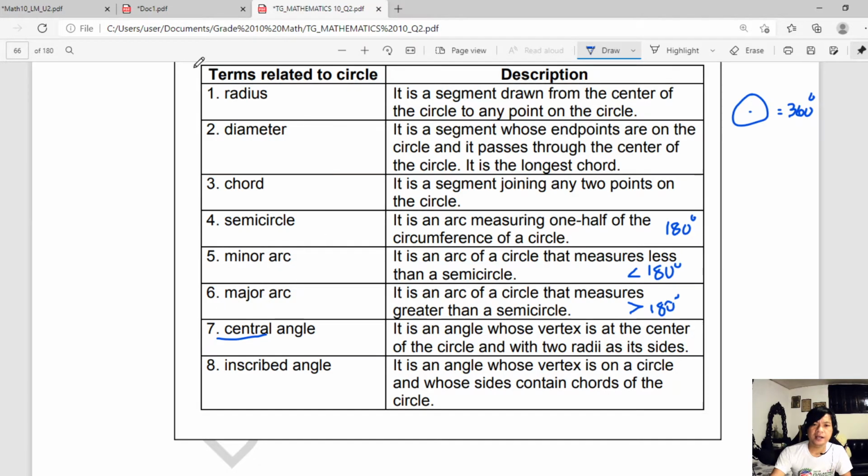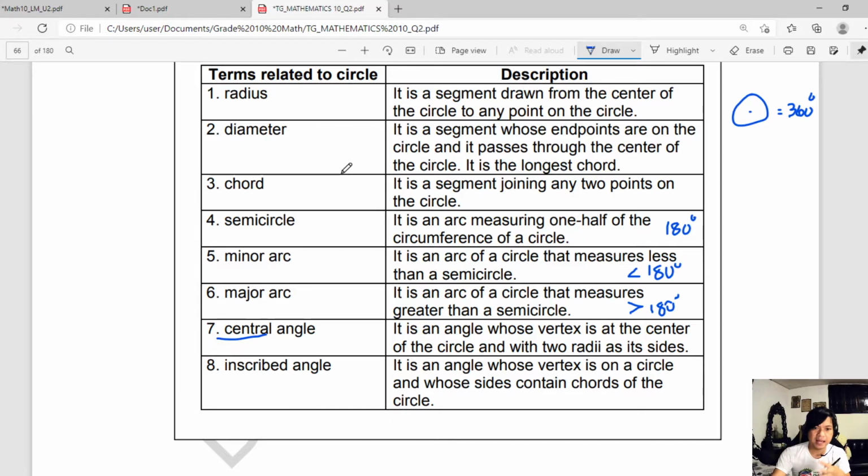So, these are the terms we have to be familiarized with as we go along with our discussion of circles: radius, diameter, chord, semicircle, minor arc, major arc, central angle, inscribed angle. Each of these is very important in dealing with circles.